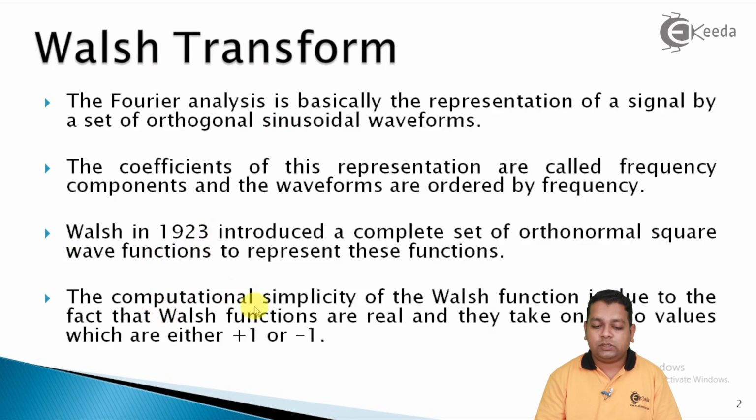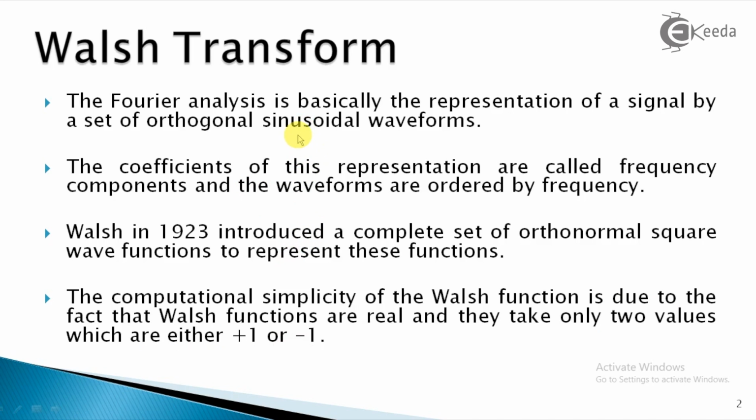The computational simplicity is offered by using the square wave functions in the Walsh function, due to the fact that the Walsh functions are real valued and they take only two values, either positive one or negative one. Hence the very first difference is that instead of sinusoids we have square wave functions.